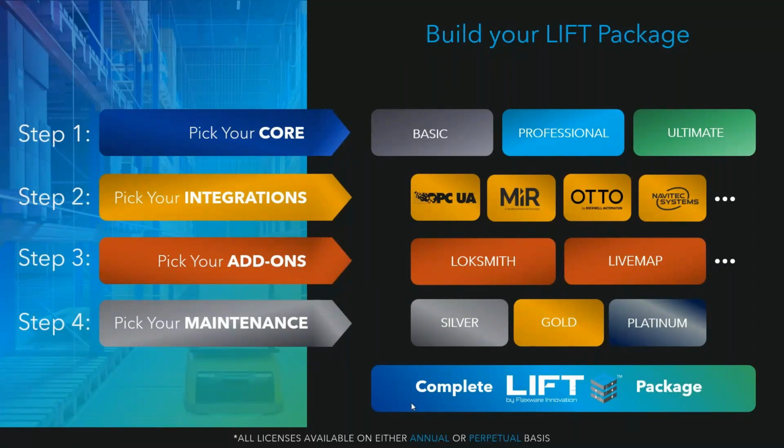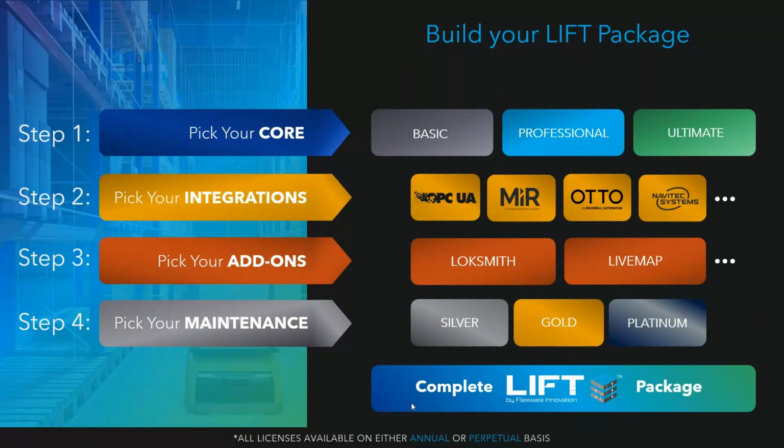The differentiation here is typically around how many flows you can execute, as well as how many add-ons and integrations that specific license could support. One thing I want to note here before I move on is that every license here is available on either an annual price or on a perpetual basis as well, to help you control whether you want to shift things more into CapEx versus OpEx.